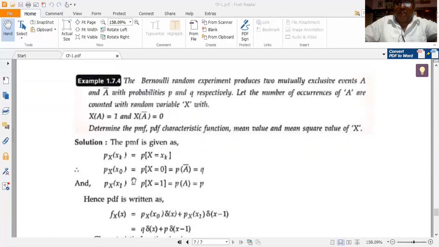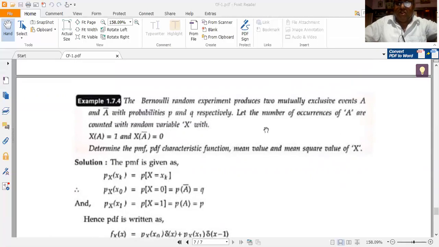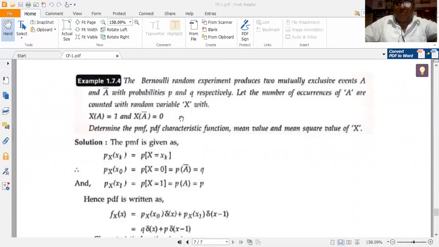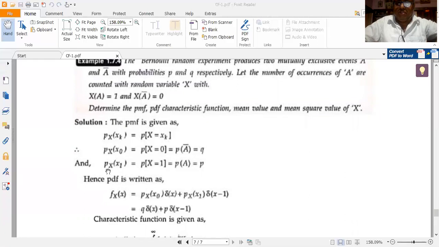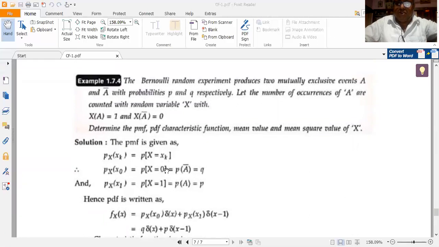By the data, the number of occurrences of A is counted with random variable X. The probability of A is nothing but the probability of occurrence of A. It is also given that X of A is equal to 1, so I take the probability of A, which is equal to P, corresponding to the number of occurrences of A, given as X of A equal to 1.